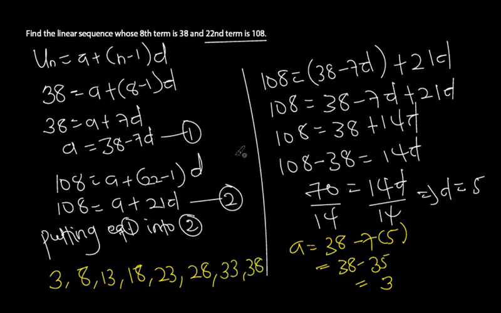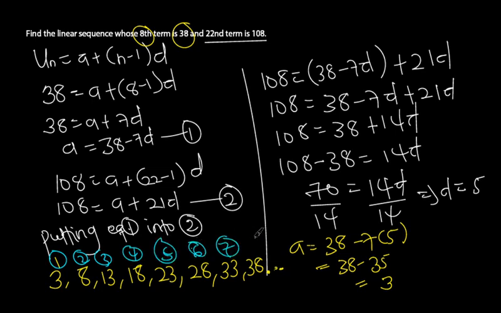Now let's have a look at over here. They are saying the 8th term is what? 38. Now let's count and see whether the 8th term in this sequence, dot dot dot, it means it continues. Okay, it doesn't stop here. Let's count and see whether the 8th term is actually 38. So this is the first term, second term, third term, fourth, fifth, sixth, seventh, and then 8th.